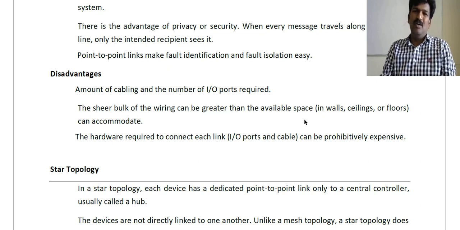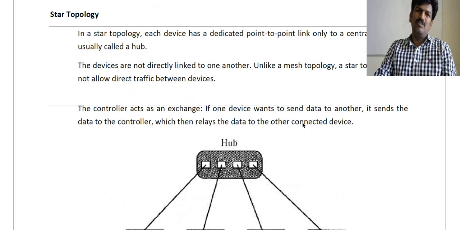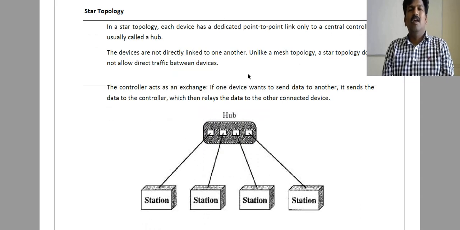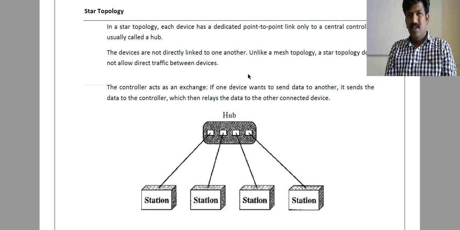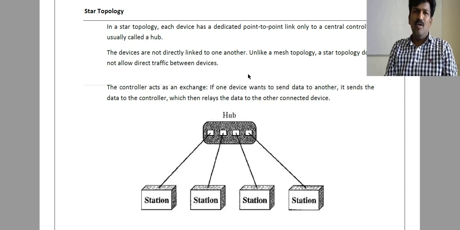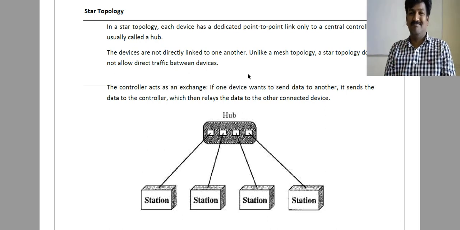Now you have to go with one more topology, the star topology. What is the star topology? You see here it looks like a star. In the star topology, all the stations have a point to point dedicated link to the central hub only, not among all the computers.